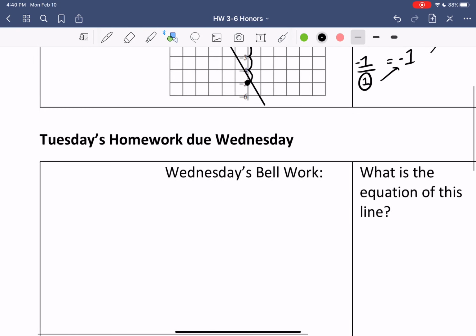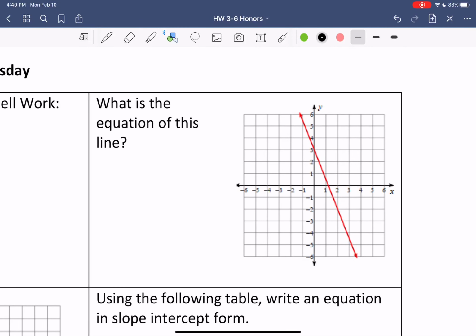All right. Now we have, what is the equation of this line? So now we're kind of working backwards. They have the line. When we say y equals mx plus b, this m represents our slope and this b represents our y-intercept.